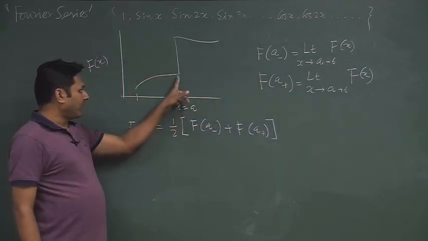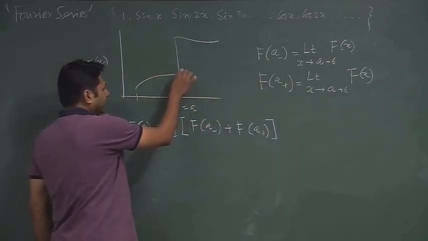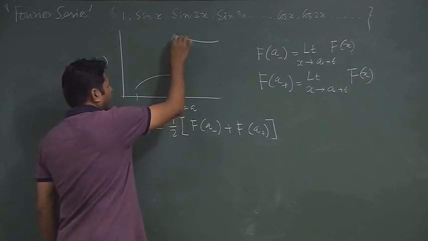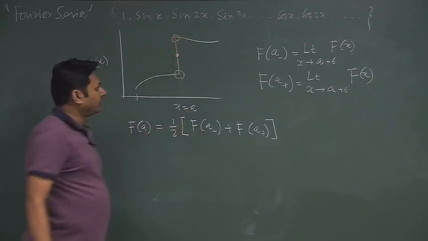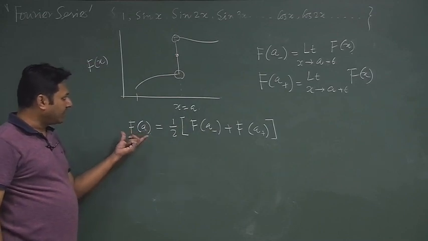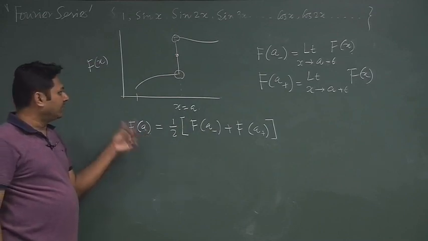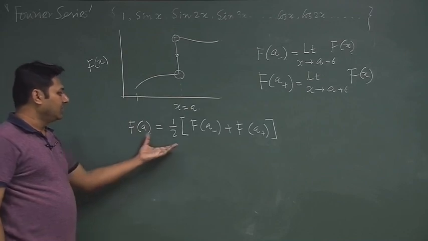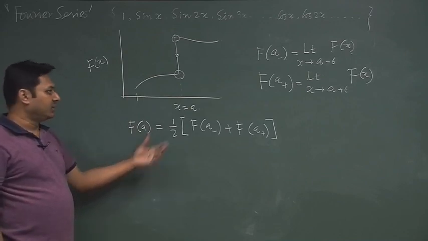So, I will have one value here, another value here, and the average is somewhere here. So, the value of f(a), if there is some finite discontinuity, should come out in this form in the Fourier series.